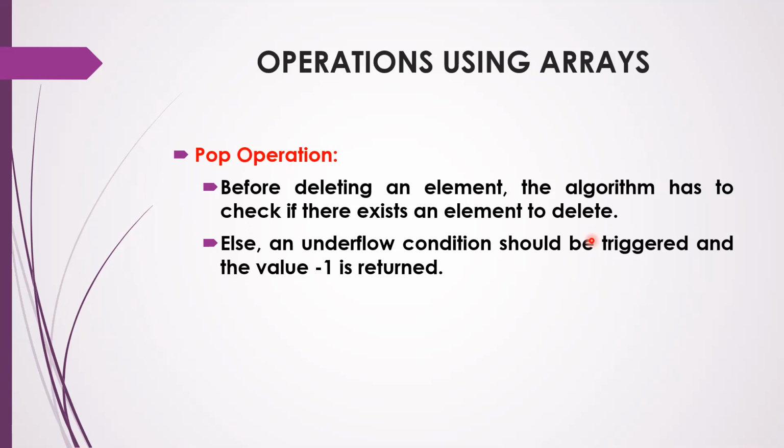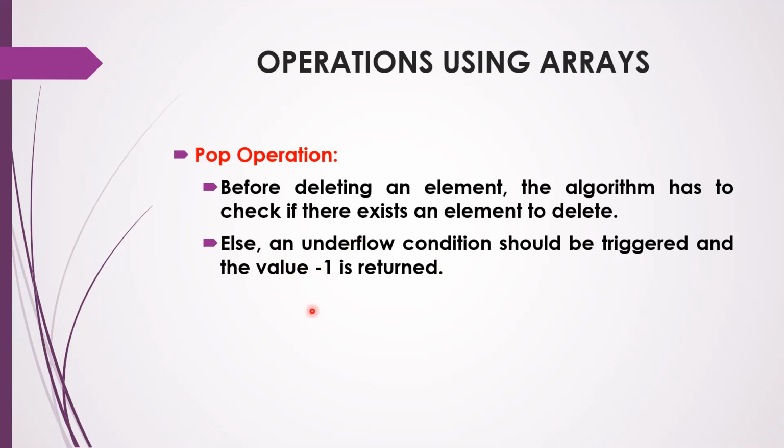If the top is pointing to any memory place other than the correct memory space, you can tell that the number is -1, -2, anything. If it is pointing like that, then you can tell that the stack does not have any element to be deleted. So it is an underflow condition, and -1 can be returned.